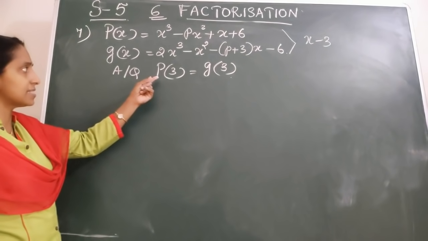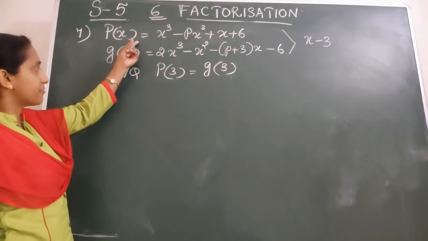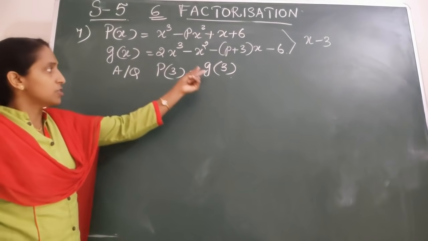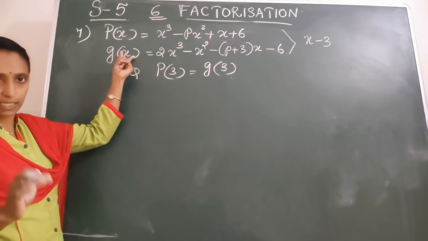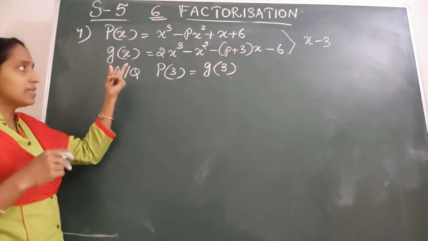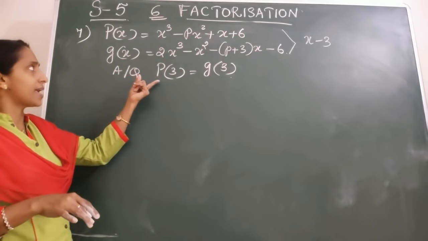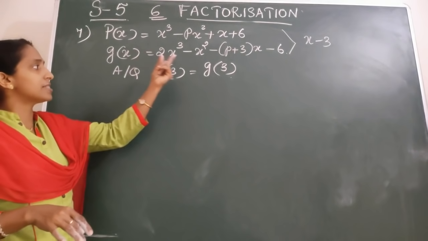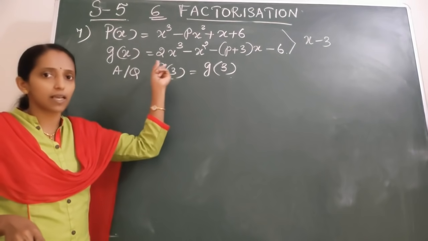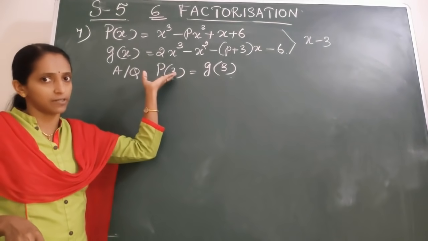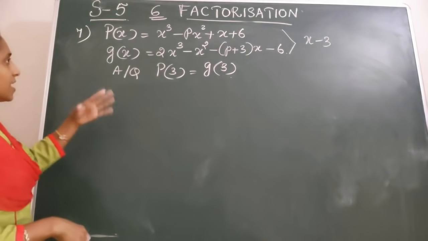P of 3 is the remainder of the first polynomial. G of 3 is the remainder of the second polynomial, and in the question it is mentioned that both the polynomials leave the same remainder. That means these two remainders are equal. So you can equate it.